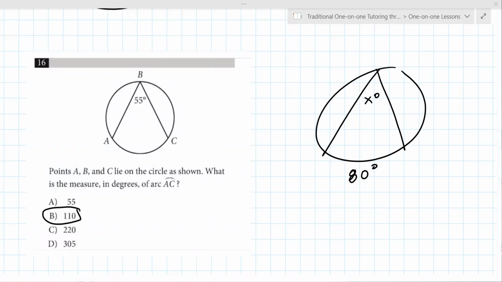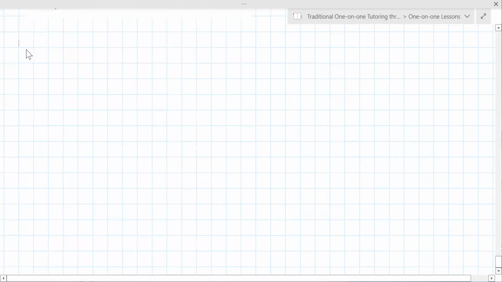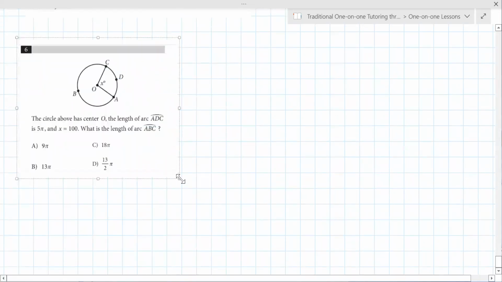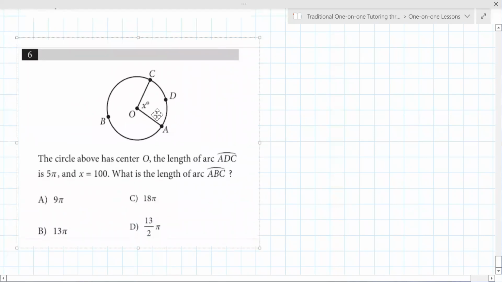All right. So we'll look at another question here. The circle above has center O. So X degrees is a central angle.